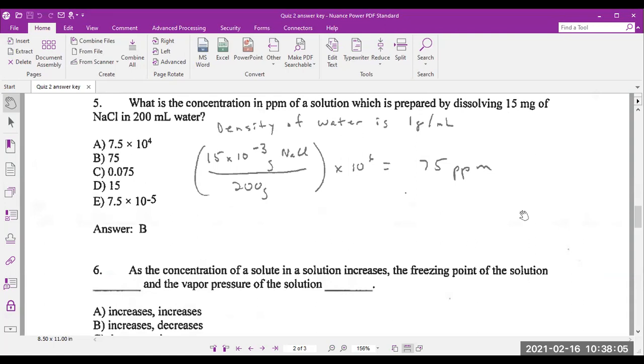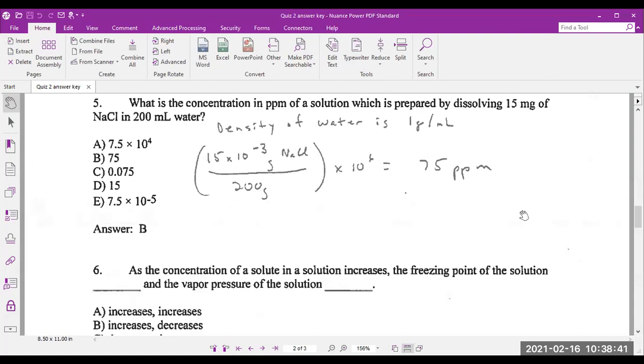So if we have 15 milligrams of sodium chloride, we need to convert that into grams. We need to remember the ratio is 1,000, so 15 times 10 to the minus 3 grams is the same as 15 milligrams. The density of water we should know is 1 gram per mil. So 200 mils of water, if you're just adding 15 milligrams in, that other weight is pretty negligible.